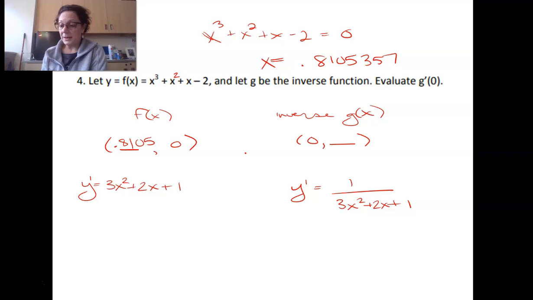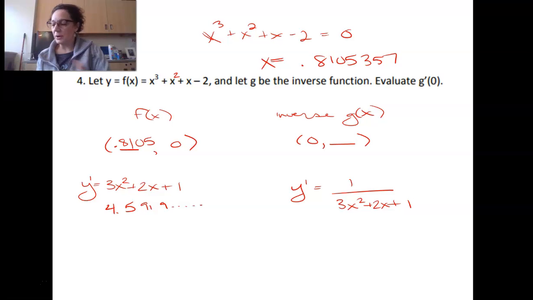So I'm going to go into my calculator, and I'm going to do 3 times that number squared plus 2 times that number plus 1. And that's going to give me my slope here, which is 4.5919, blah, blah, blah. I'm not writing the whole thing down, but I sure am going to use it in my calculator.